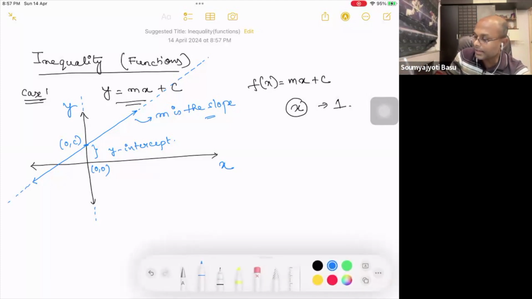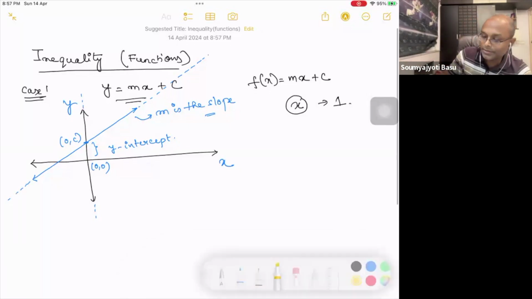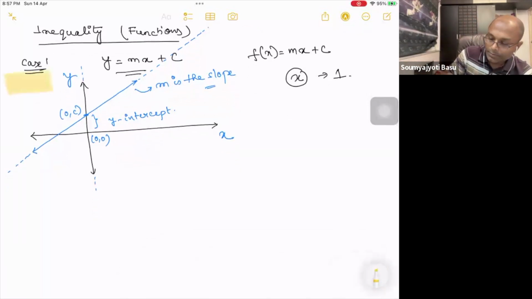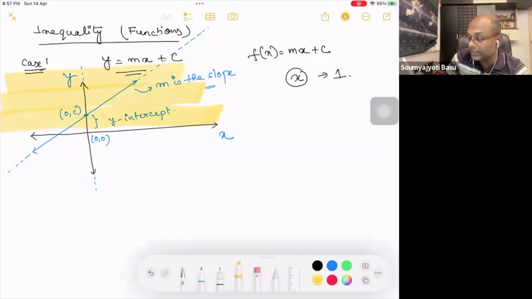And within this graph, there are certain regions where the value of y is more than 0, and certain regions where the value of y is less than 0. Which are those regions? Anything above the x-axis is greater than 0. y is greater than 0, or the function is greater than 0. Anything above the x-axis.